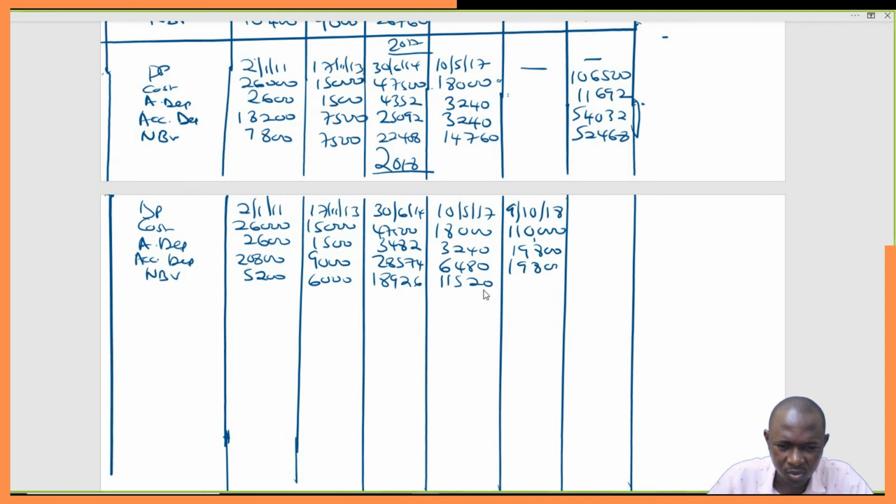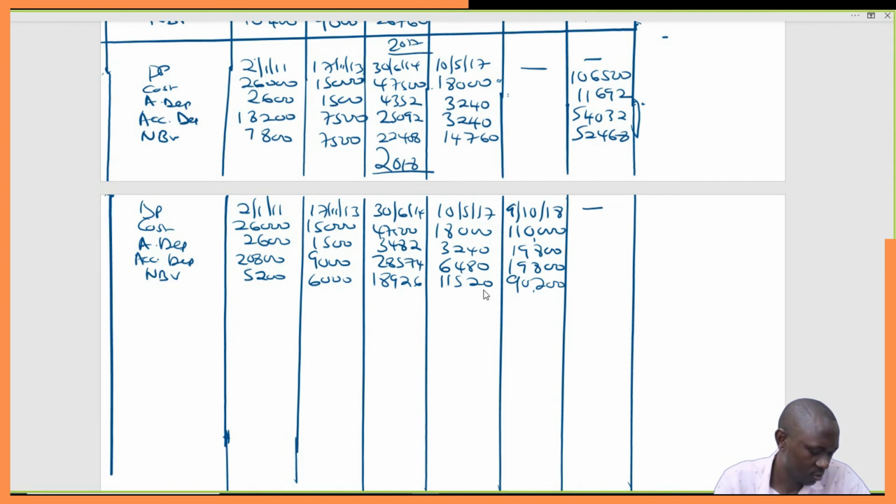So we don't have accumulated for this year, so it's the same figure. And then it will be 110,000 minus 19,800. That gives you 90,200. Okay.